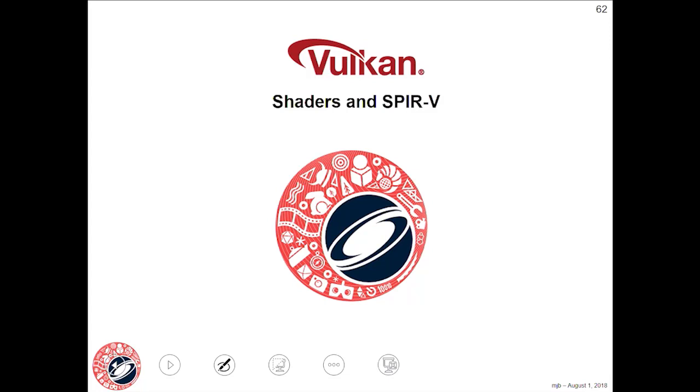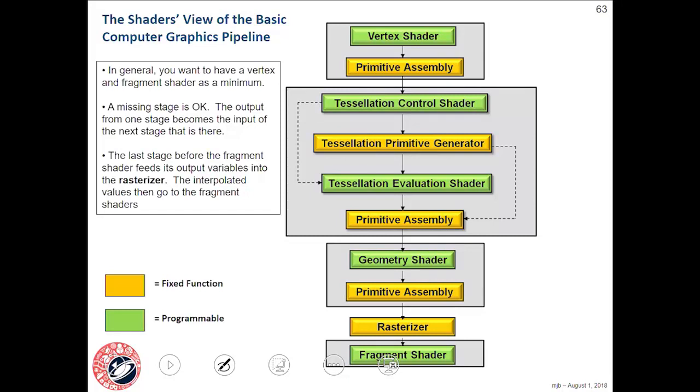All right, so at this point, we've talked about defining geometry using all the shader structures, getting the attribute structures over to the shader. Now let's talk about the shader on the other side. And what's really going to be important here is the fact that we're compiling it. So this is kind of a shader view of the graphics pipeline.